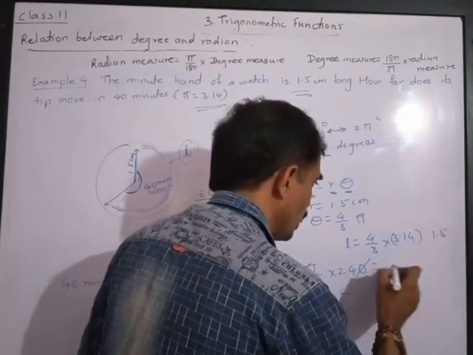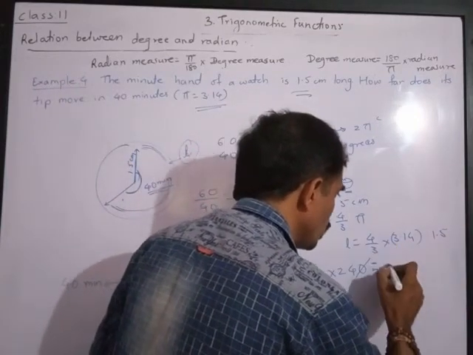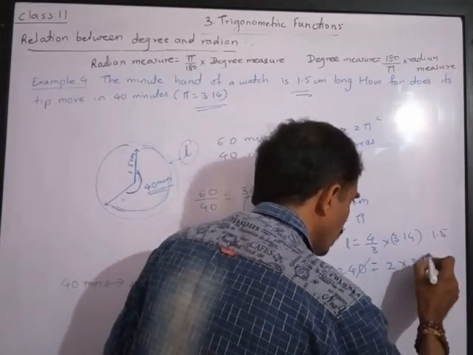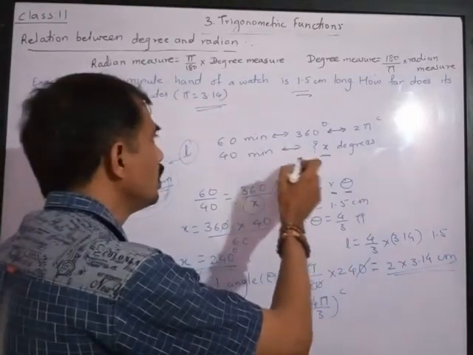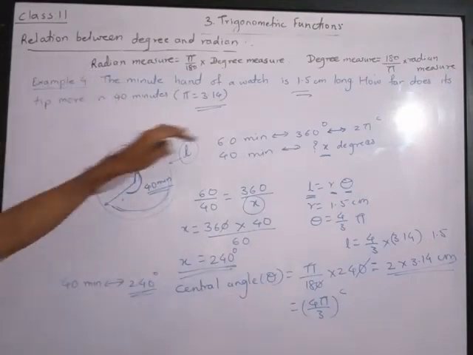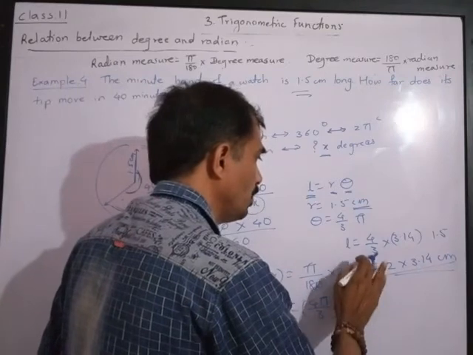So this is equal to 3 5s are 15, that is 0.5, 0.5 into 4 is 2, 2 into 3.14 centimeters. Please note the unit here. It was given in centimeters, 1.5 centimeters. So here also the unit will be centimeters.